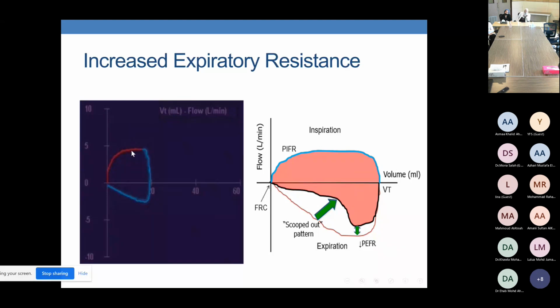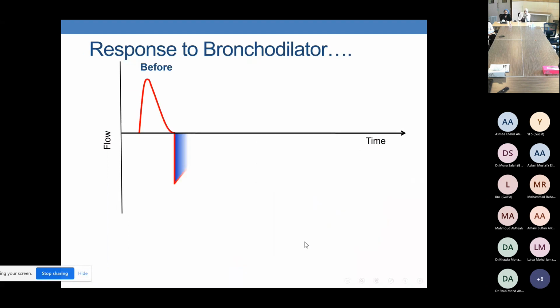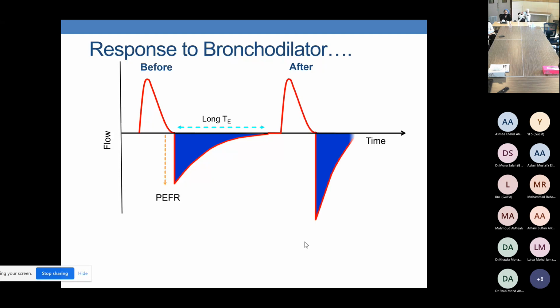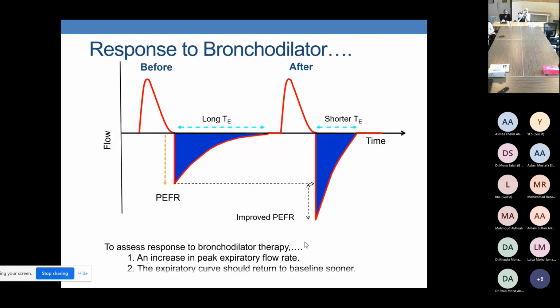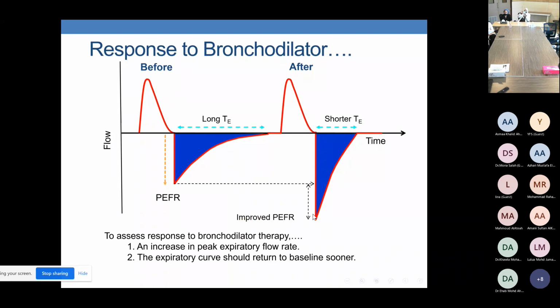So again here, see, it's not reaching 0, there is a scooping, so there is very high resistance, and the flow is not coming out easily. There is a scooping out. And this is very nice to see in a case of bronchospasm in an asthmatic patient. When you give a bronchodilator, there will be improvement in the peak expiratory flow.